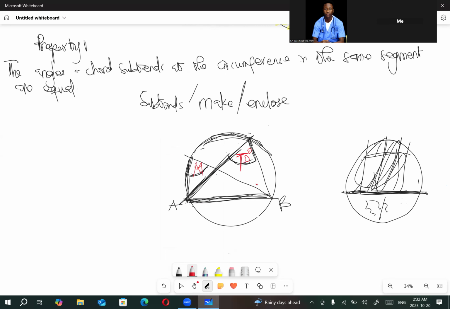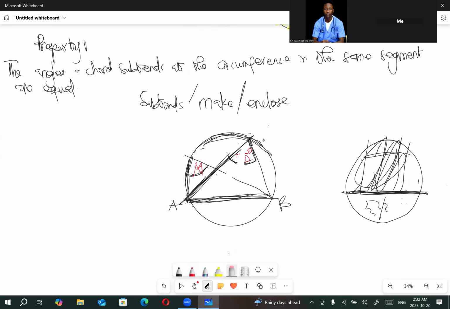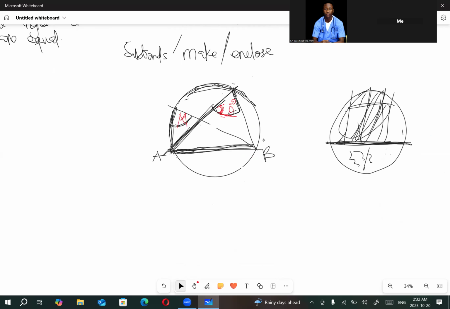let me cross the 7, so you can see. If that side is 70 degrees, and I'm asking you to find M, you can simply say that M is equal to 70 degrees.